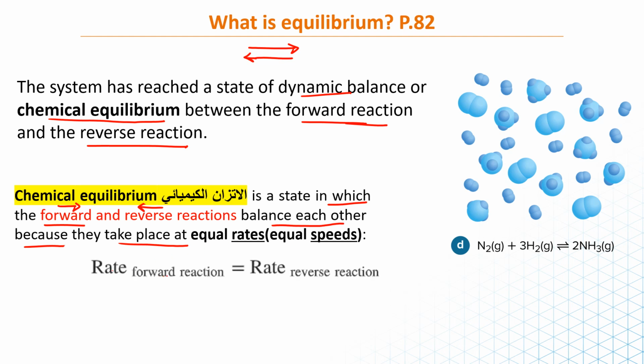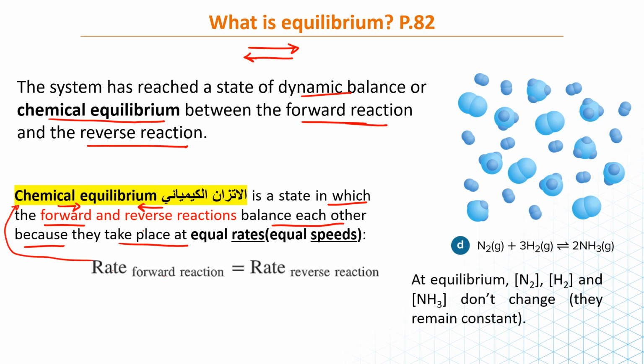So the rate of the forward reaction equals the rate of the reverse reaction. هاي هي خاصية الchemical equilibrium. Okay? And at equilibrium, all the concentrations do not change. They remain constant. Okay?